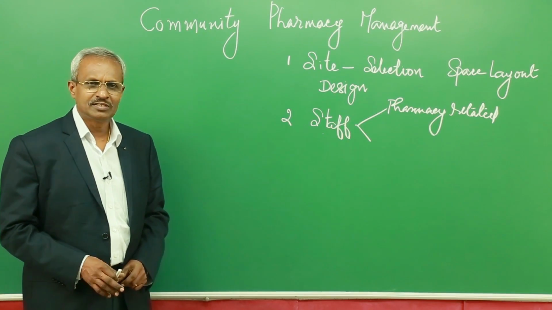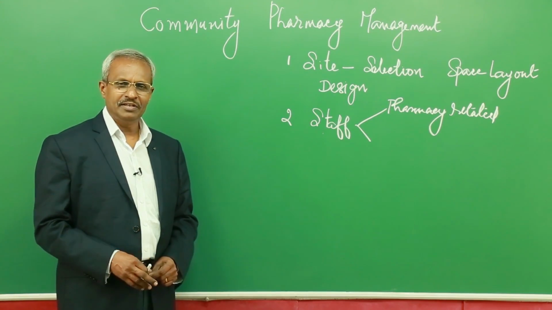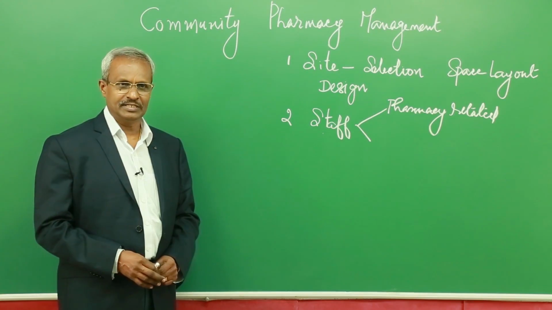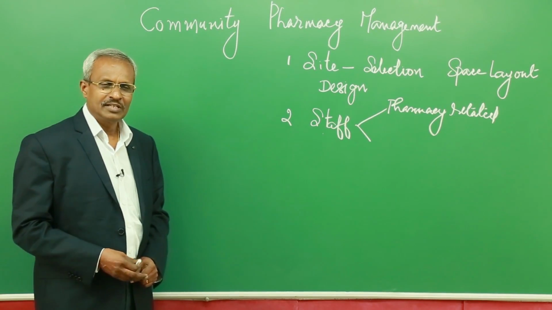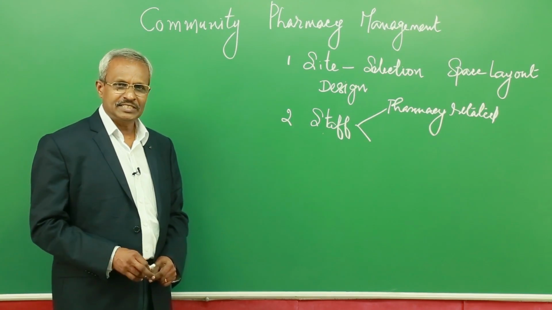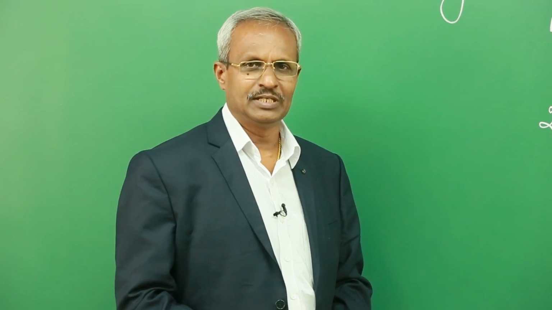Who is a pharmacist? Pharmacists are people who are educated, trained, and who were given proper license or authentication by the appropriate agencies like councils, government, and other departments. So only a registered pharmacist, meaning a pharmacist who studied the subject of pharmacy and is competent and qualified enough to become registered.